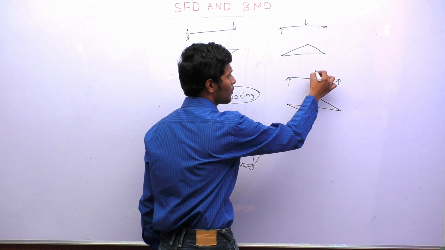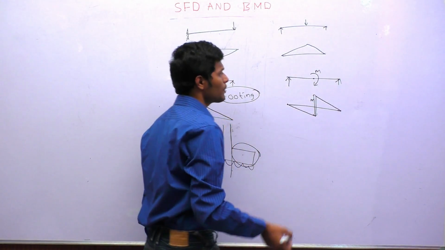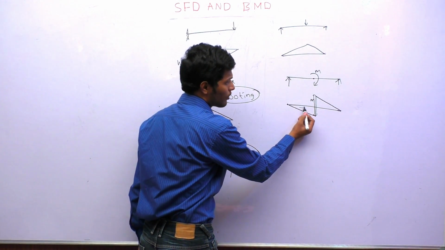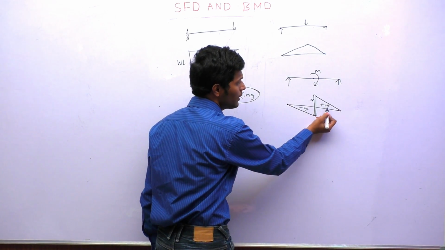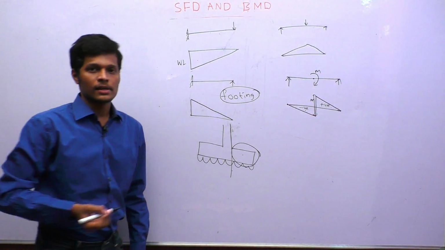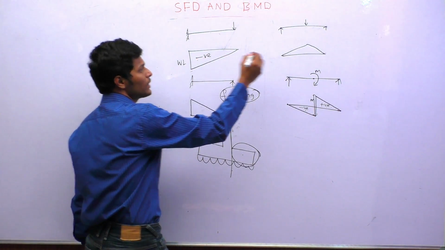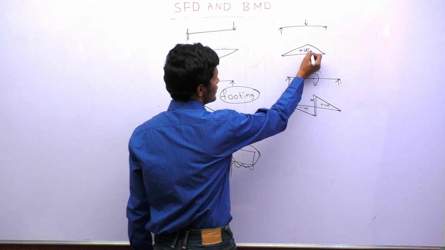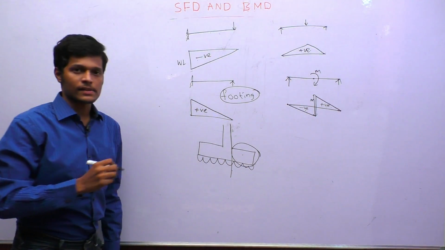Whatever couple we have applied here, that couple value will be there. Here on this side I have drawn negative, on this side positive, which means this is hogging and this is sagging. So here negative means hogging, here positive means sagging. So here also it is positive, it is sagging.